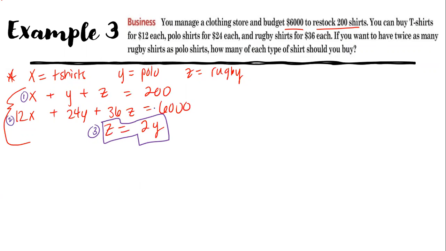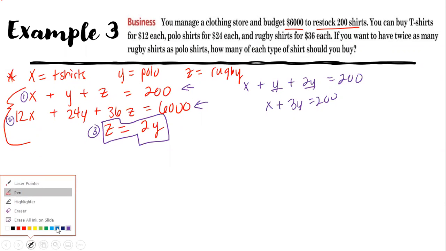Step 3 is to substitute that equation into the other 2 equations. So I'm going to substitute z equals 2y into the remaining two equations. That gives me x plus y plus 2y equals 200. Combine like terms, and that gives me x plus 3y equals 200. Then I'm going to substitute into the other equation.